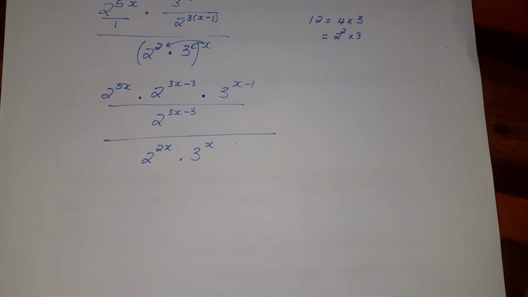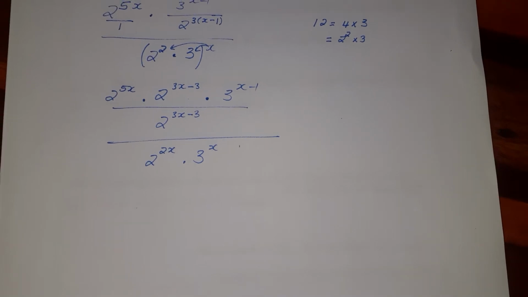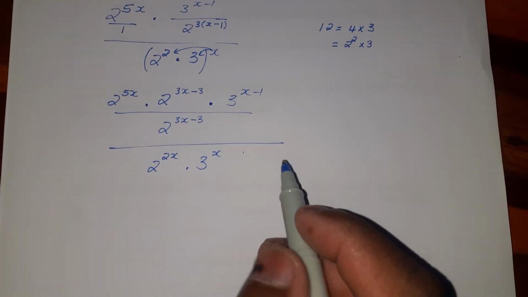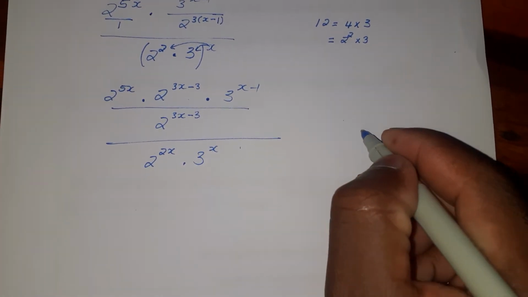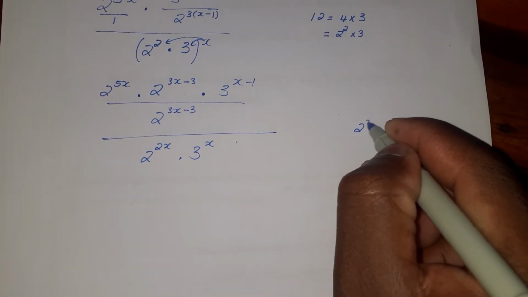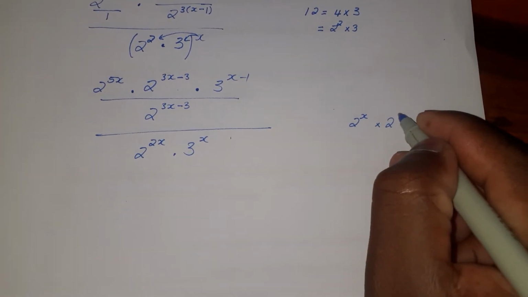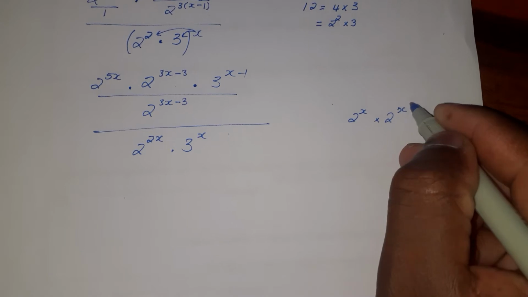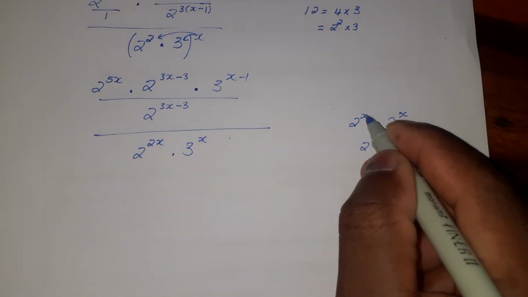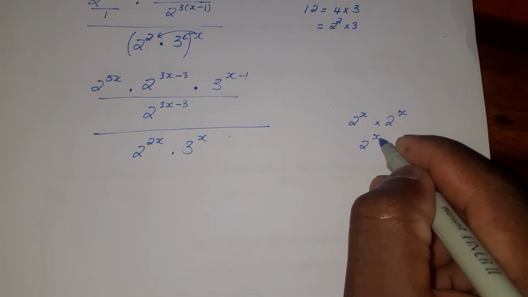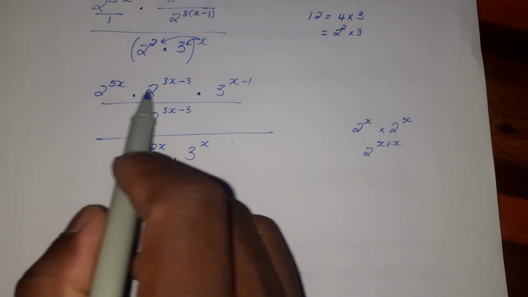Now maybe let me simplify the numerator first. We know if we have 2 to the power 5x times 2 to the power 3x minus 3, what we do, we write the same base, and the exponents, we add them. We add the two exponents. So that's what we have to do here.